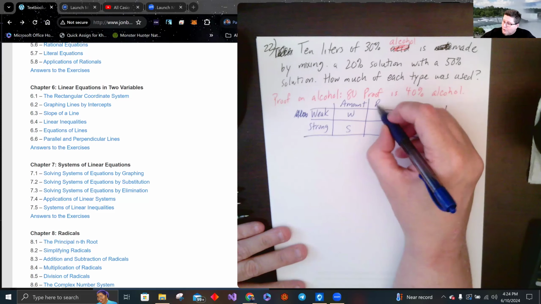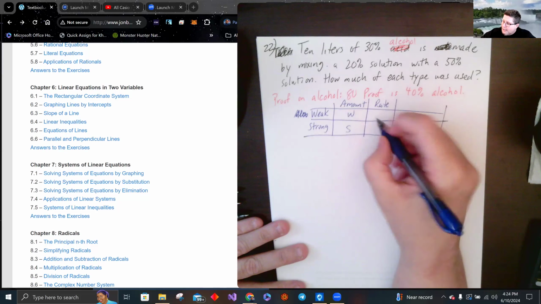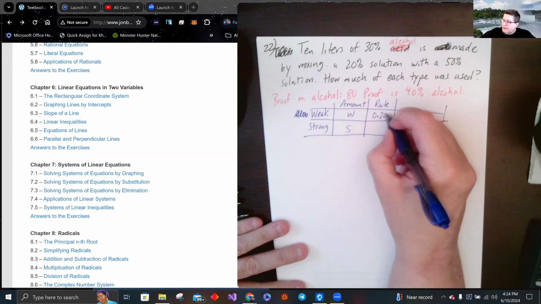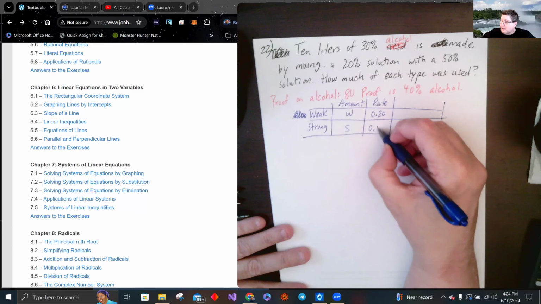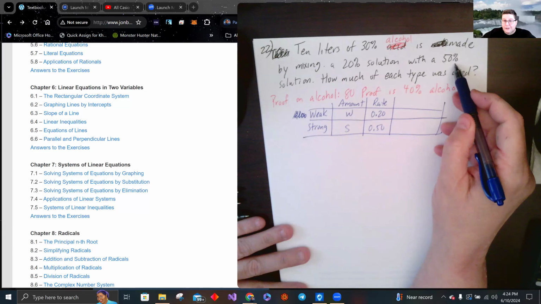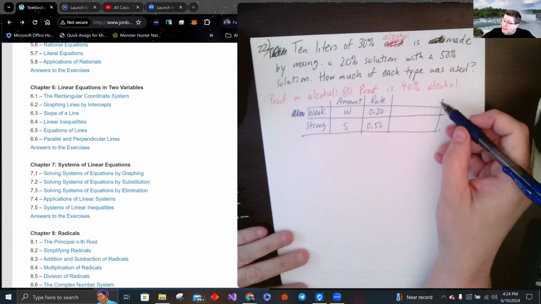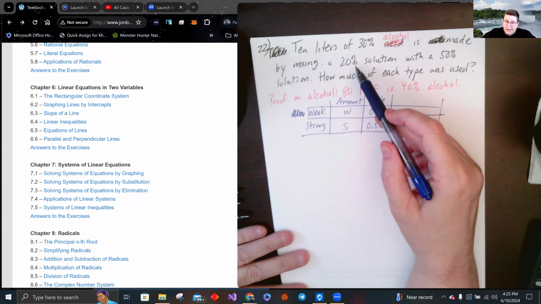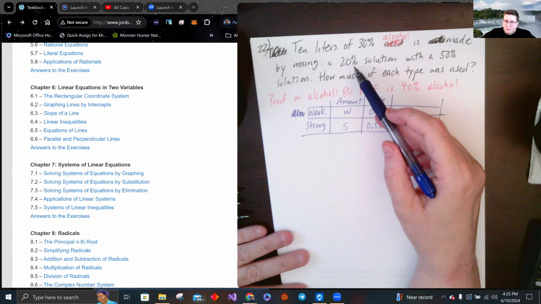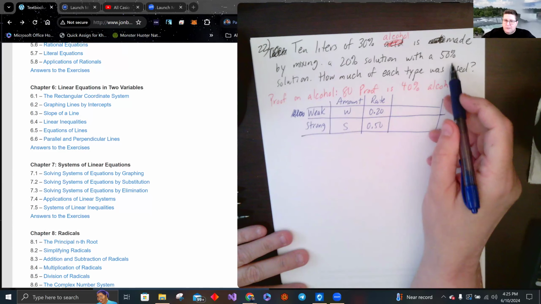The rate for the weak was 20%, so 0.20. And the stronger alcohol had 50%, which would show up as 100 proof. That's a pretty good strength. A 20% solution is like taking 80 proof vodka and mixing it with equal parts water or Kool-Aid or something. And then you wanted to mix it with something that's 100 proof.